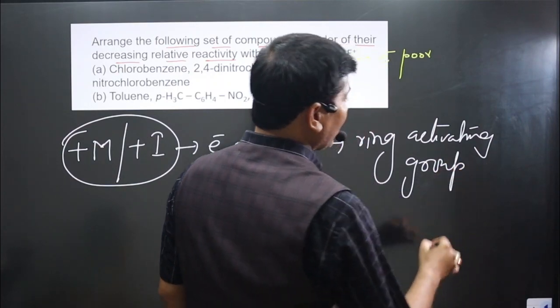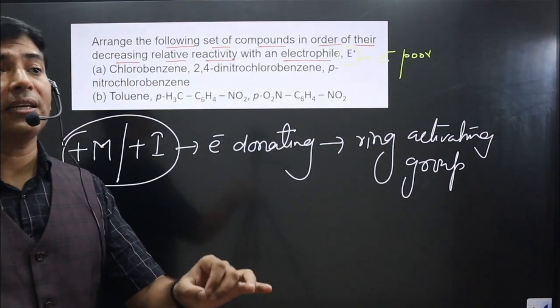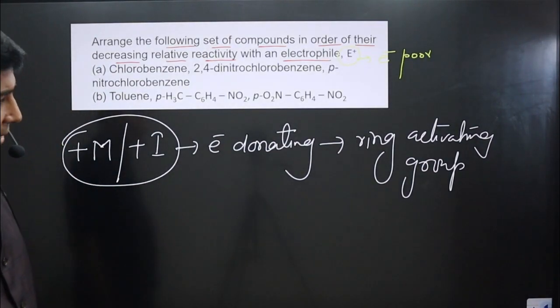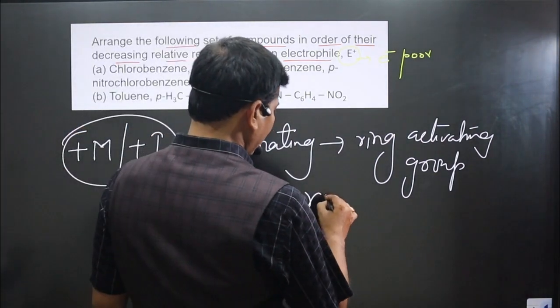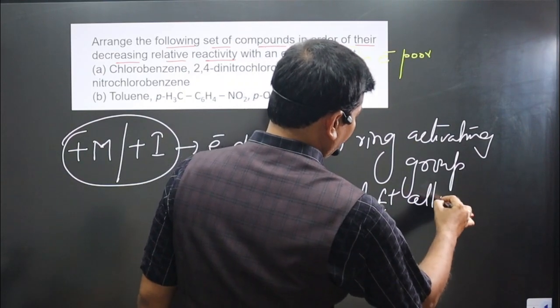If these groups are present in the benzene ring, they always increase the rate of electrophilic substitution reaction. Always remember, the rate of electrophile attack will be very fast.